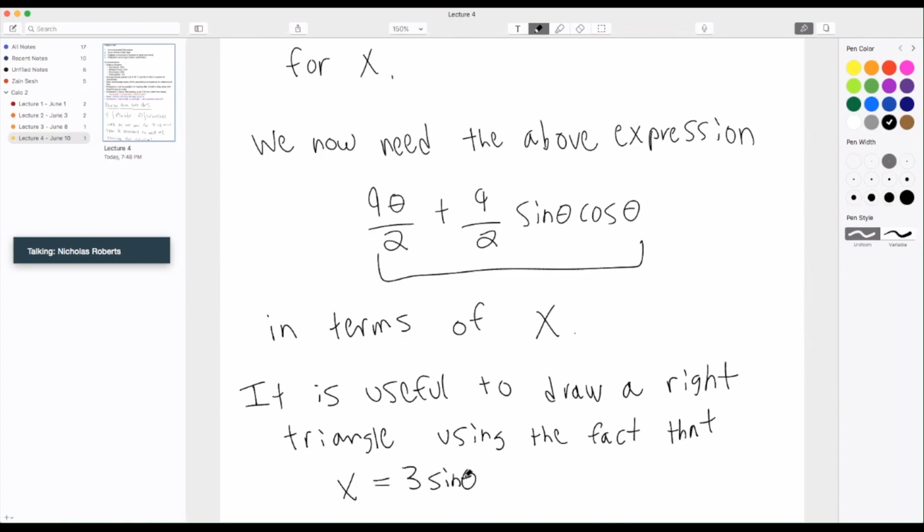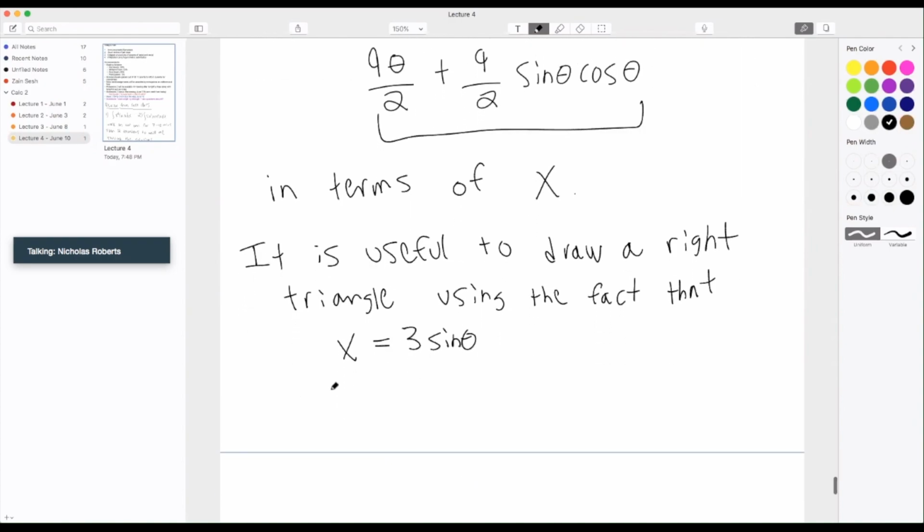So we draw a right triangle using the information from our initial substitution. That's kind of cool. If x is equal to 3 sine theta, that means that x over 3 is equal to sine theta. So this is what we're going to use. Now we're in that same position as when we were taking derivatives of the inverse trig functions.